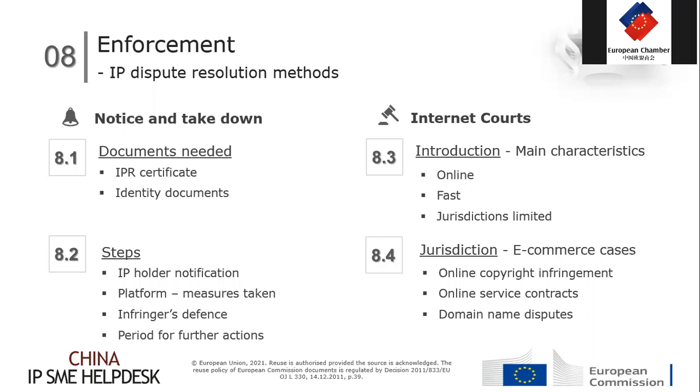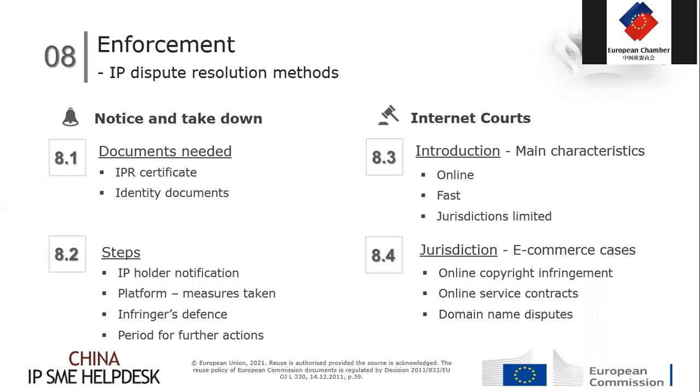But how the notice and takedown procedure works, well, the details will depend on every single e-commerce platform. However, the law establishes a very clear general procedure that has to be followed by every single e-commerce platform.